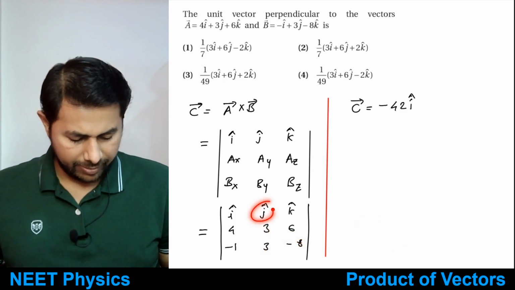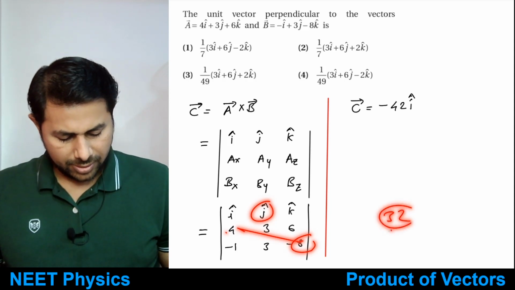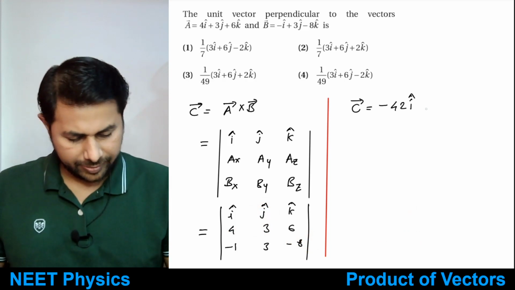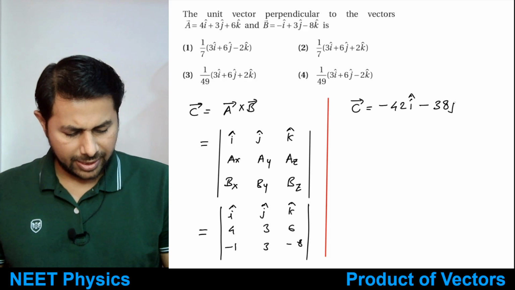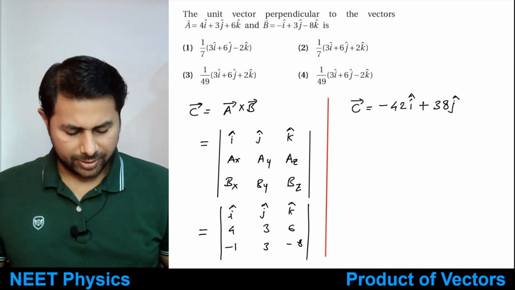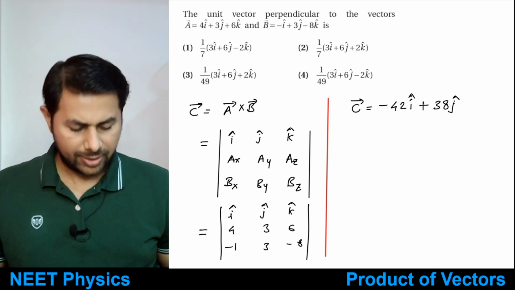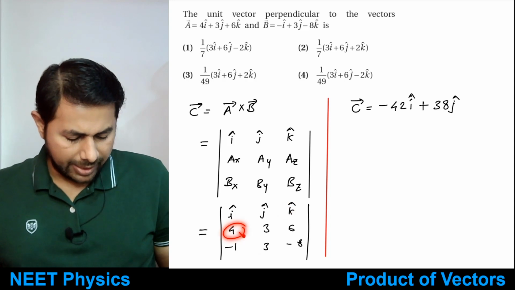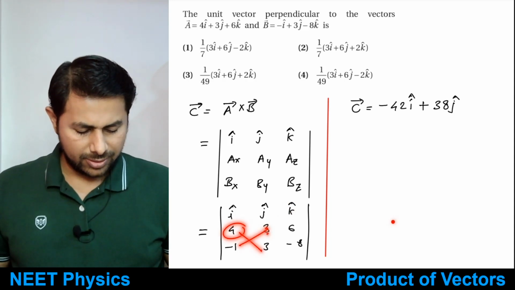Okay, then minus J cap, this with this, 32 minus 6. Then K cap multiplied by 4 times 3 minus 3 times minus 1.